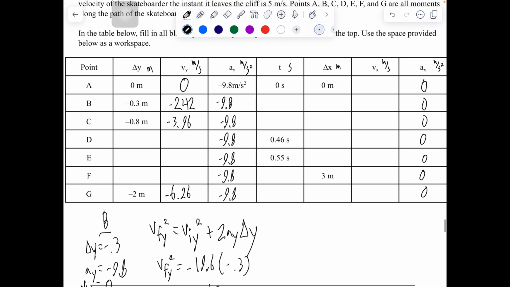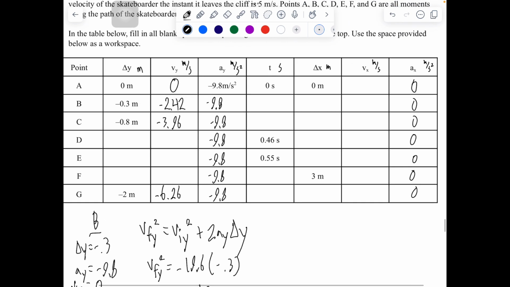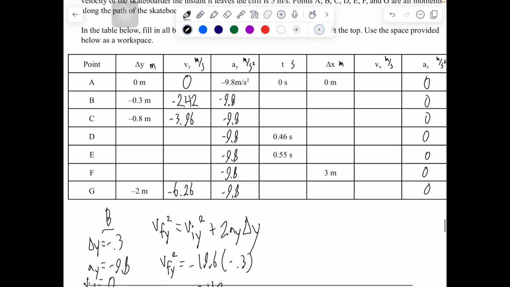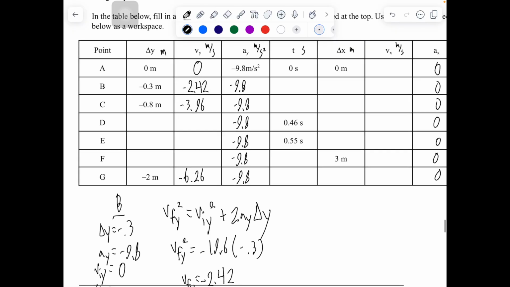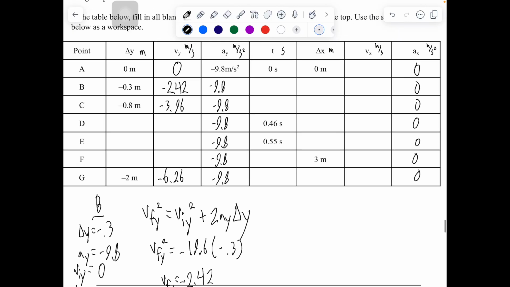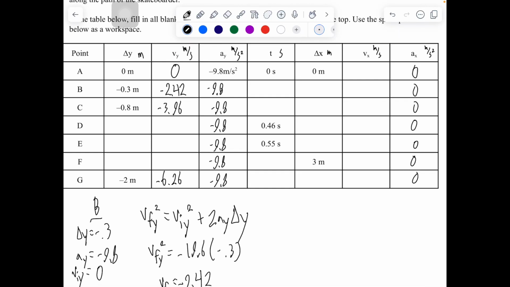Let's continue. How do you solve for something like the time? Well, the time, you can really use a lot of your different variables that you have. I think the easiest way to do it, once you have that final velocity, you can just use final velocity is equal to your initial velocity plus acceleration times time.